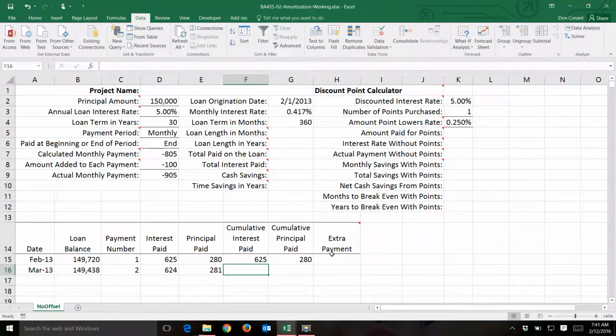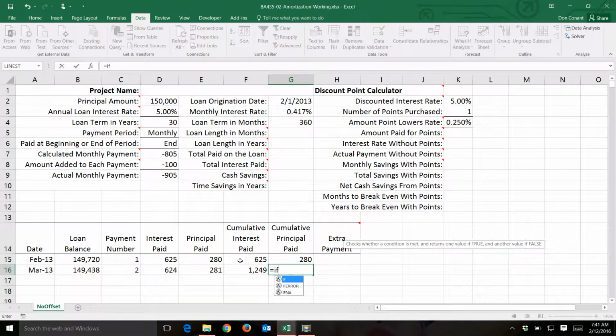And the rest of these are pretty straightforward. Cumulative interest paid, I'm just going to look to see if the period's in use. If it's not, then I'm going to set it to blank. If it is, I'm going to take the interest that I paid in this period and add it to the cumulative interest for all previous periods, and that will give me my cumulative interest paid.